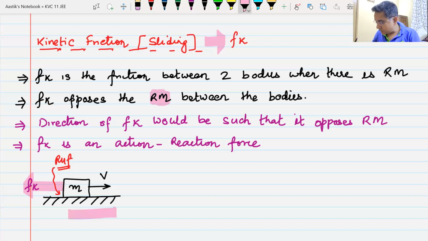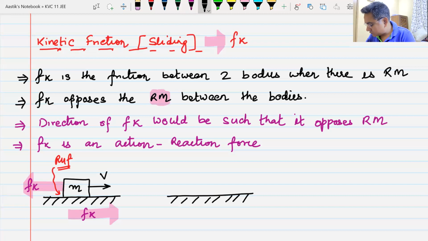On the ground, it would be acting in the forward direction, same magnitude but opposite in direction. Do we understand this? Yes or no? Okay.